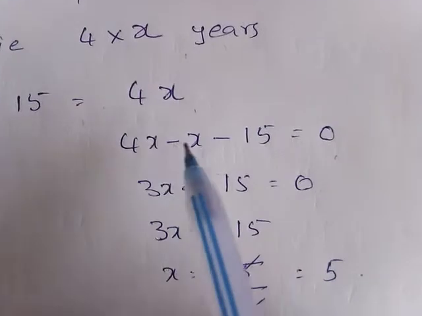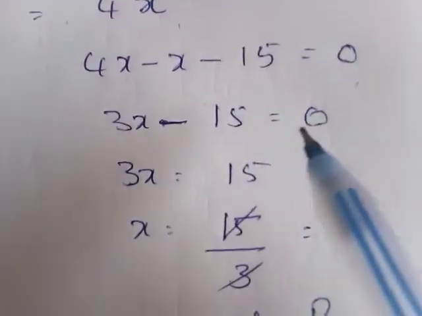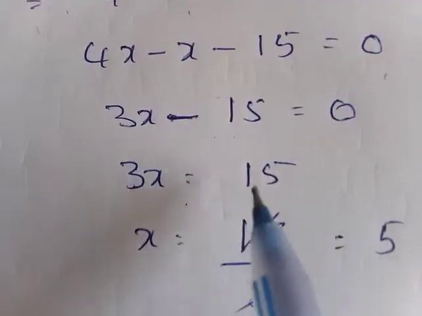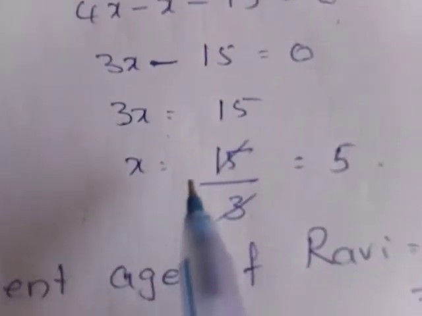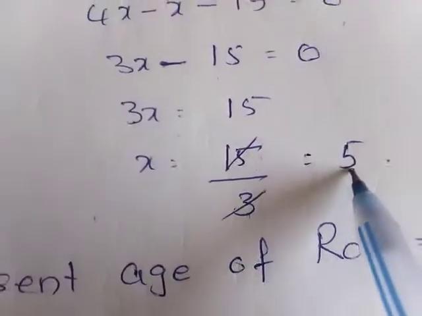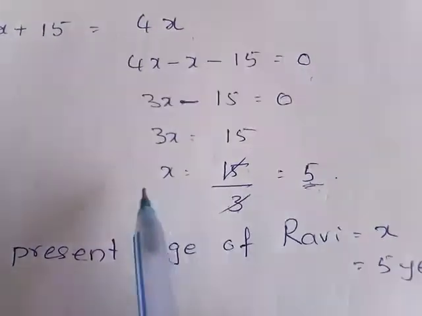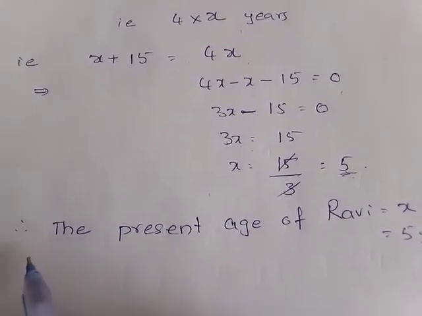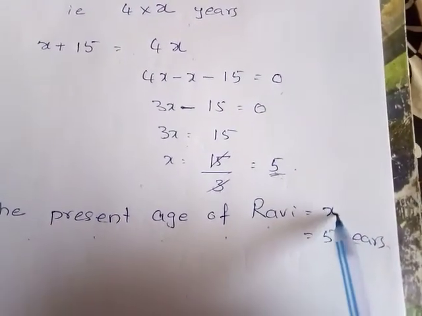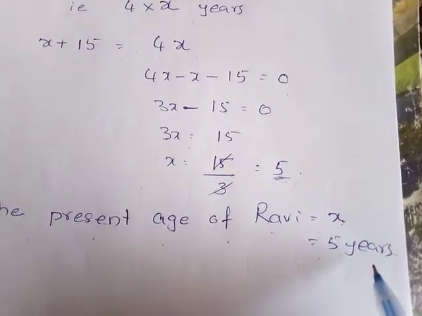That is, 4x minus x is equal to 3x, minus 15 is equal to 0. 3x is equal to, I am sending this minus 15 to that side, it becomes plus 15. 3x is equal to 15. It is multiplying, when it comes this side it divides. 3 5s are 15. What is this? This is the x. What is x? Therefore, the present age of Ravi is x years and x is equal to 5 years.